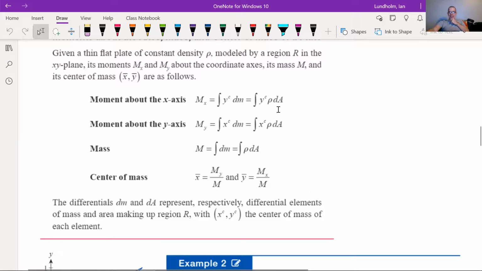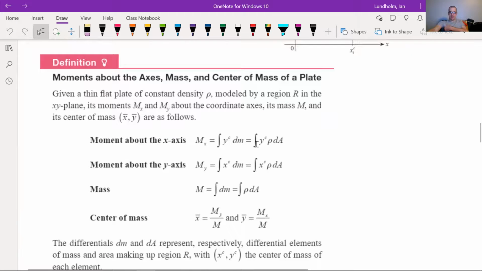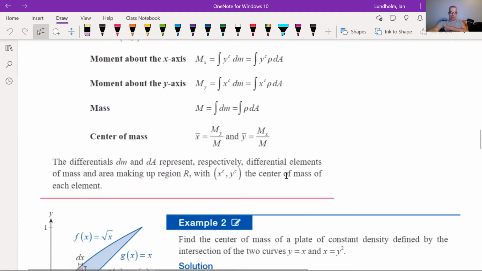Notice here that the differentials are not things that we've necessarily talked about yet so far. We've got a dA here, which is an area differential, which we will get into in more detail in multivariable calculus. You could do this right now, but you just need to be careful with how you're setting things up.